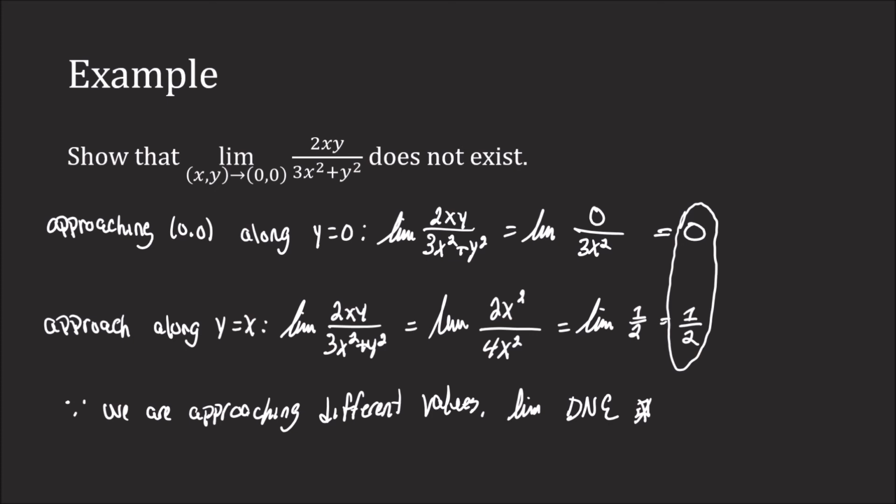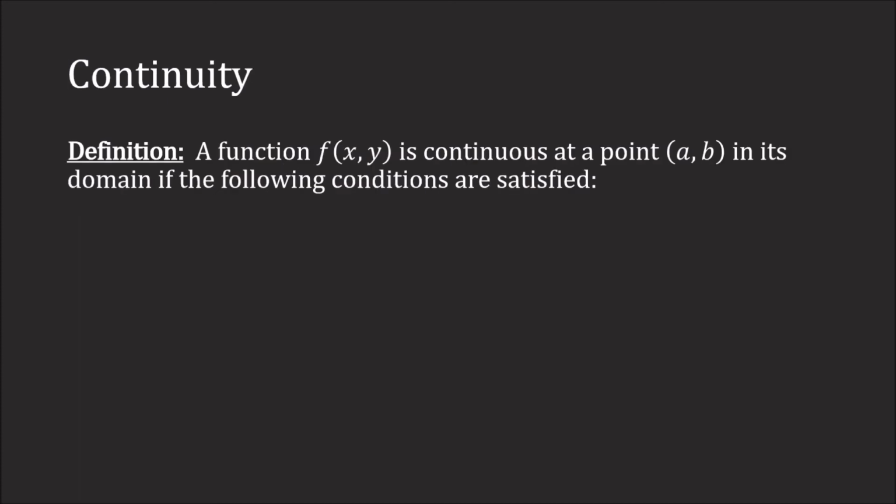Right, so now let's discuss continuity. Well, we're going to see that the definition for continuity is analogous. So a function f of xy is continuous at a point AB in its domain if the following three conditions are satisfied. And you should compare these three conditions to the three conditions of single variate.